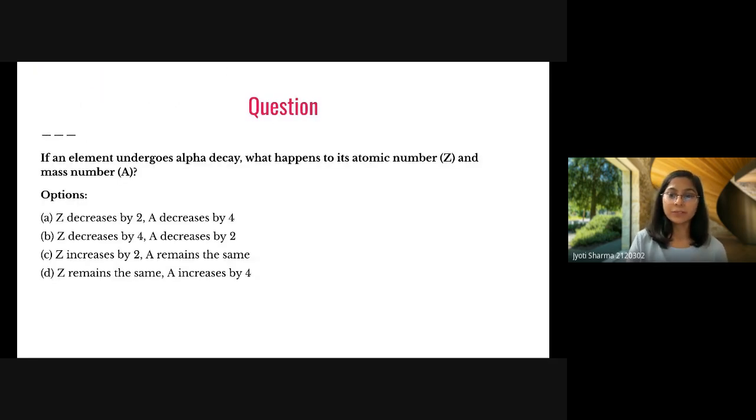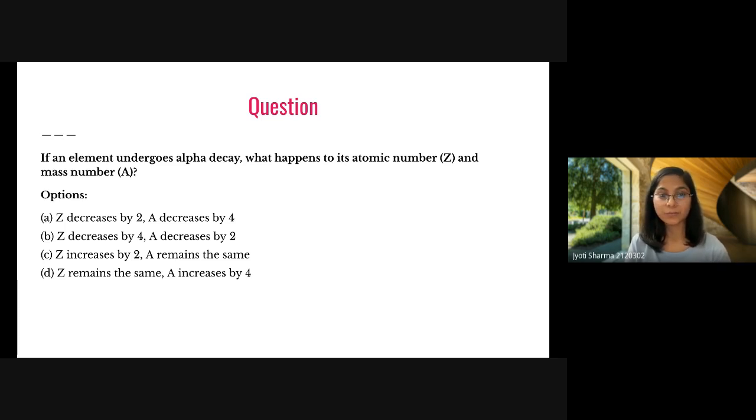Again, a very simple question. If an element undergoes alpha decay, what happens to its atomic number and mass number? Option A: Z decreases by 2, A increases by 4. B: Z decreases by 4, A increases by 2. C: Z decreases by 2, A remains the same. And D: Z remains the same, A increases by 4.